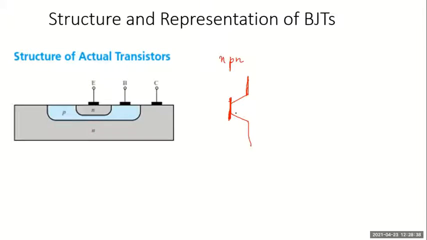And to identify which represents the emitter, we always put an arrow mark on the emitter. Whenever the arrow mark points out of it, then it is an NPN transistor. So this is the base, this is collector, and emitter is always the one where we have an arrow mark.